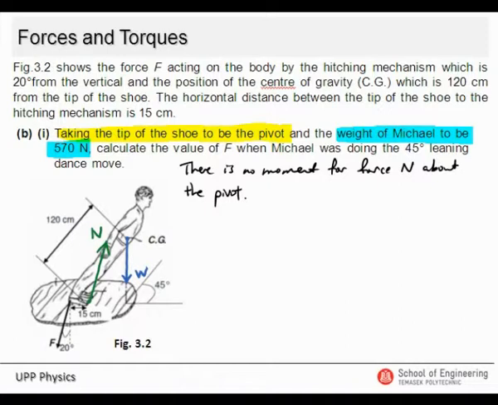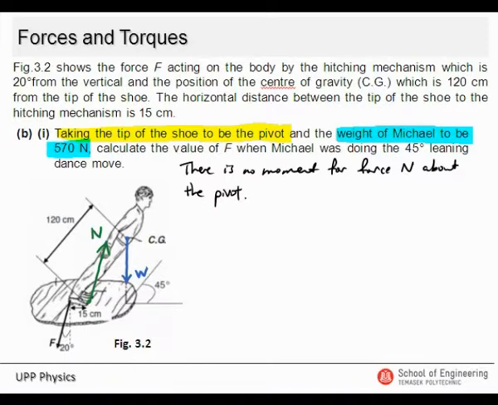There is no perpendicular distance for force N. Thus, zero moment for force N. Therefore, there are only two forces that are left to calculate the moment. One of them is the weight of Michael. The other one is force F. So let's proceed to calculate the perpendicular distance for each force.